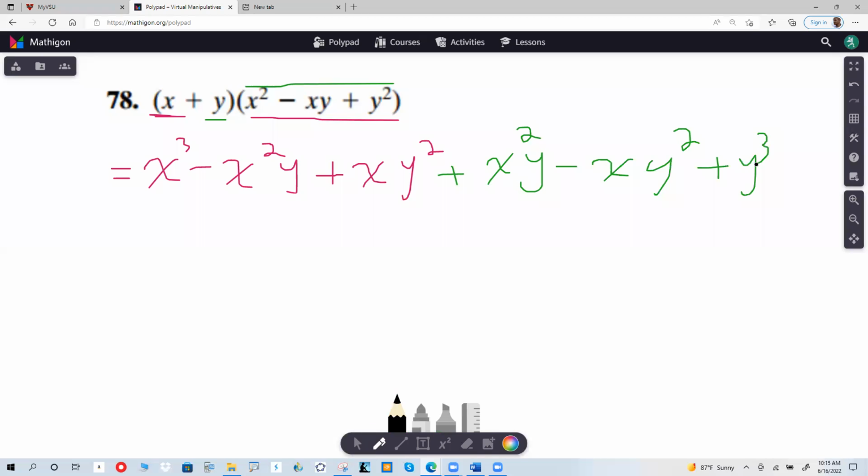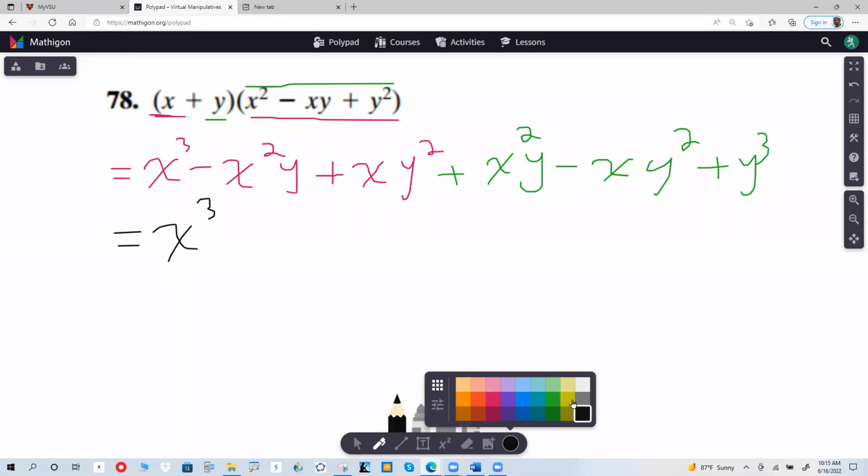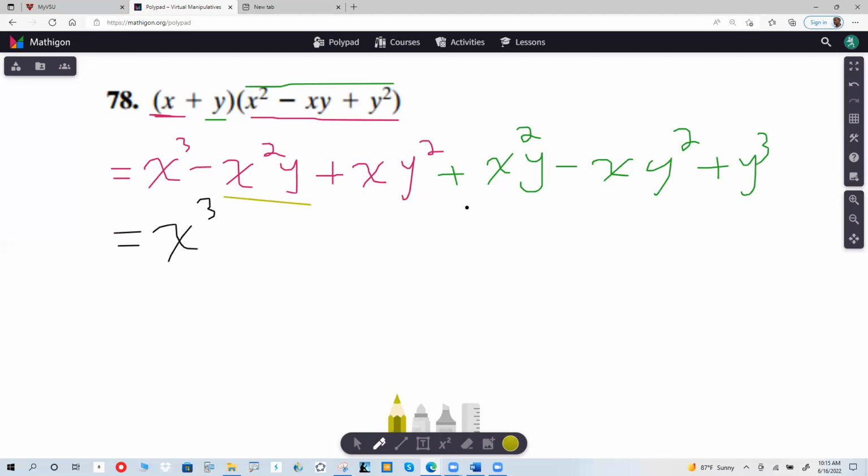Now we are almost done, but not quite. And I'm going to switch back to black. So X cubed doesn't have a partner. Y cubed doesn't have a partner, but everything else has a partner. Okay, this guy and this guy, they cancel. They're the same with opposite signs.